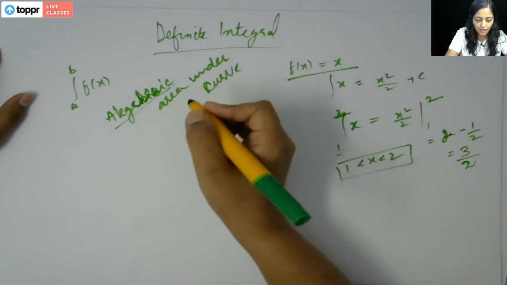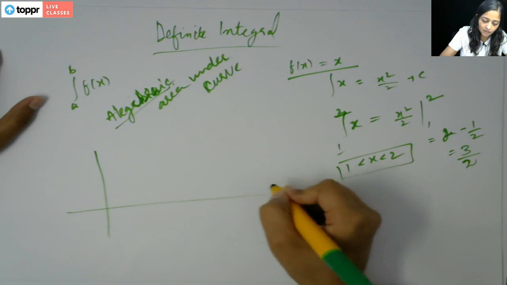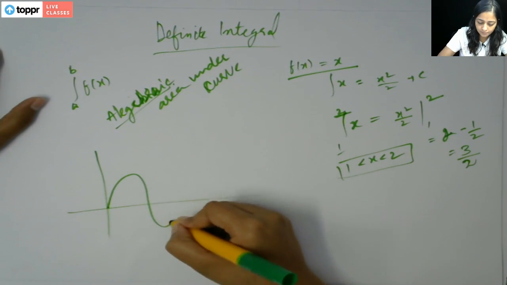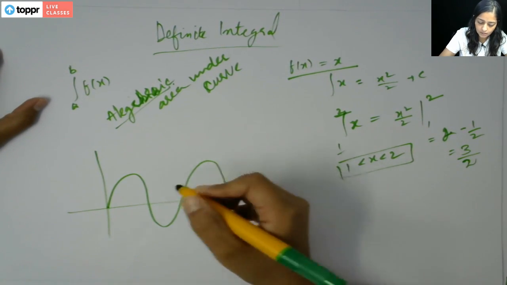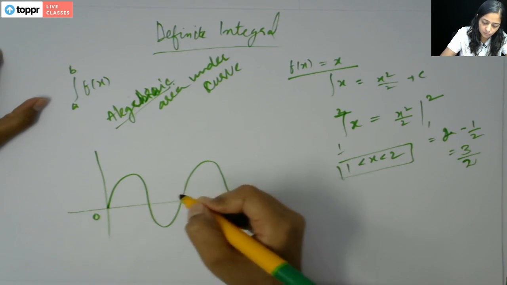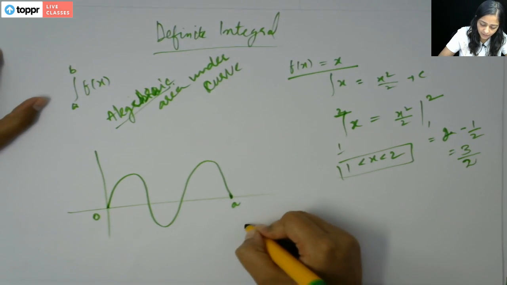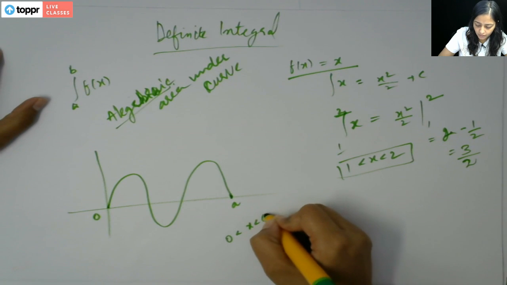Why the word algebraic? Let me explain. If you have a curve like this, let's say from 0 to some interval a, so x is varying from 0 to a.